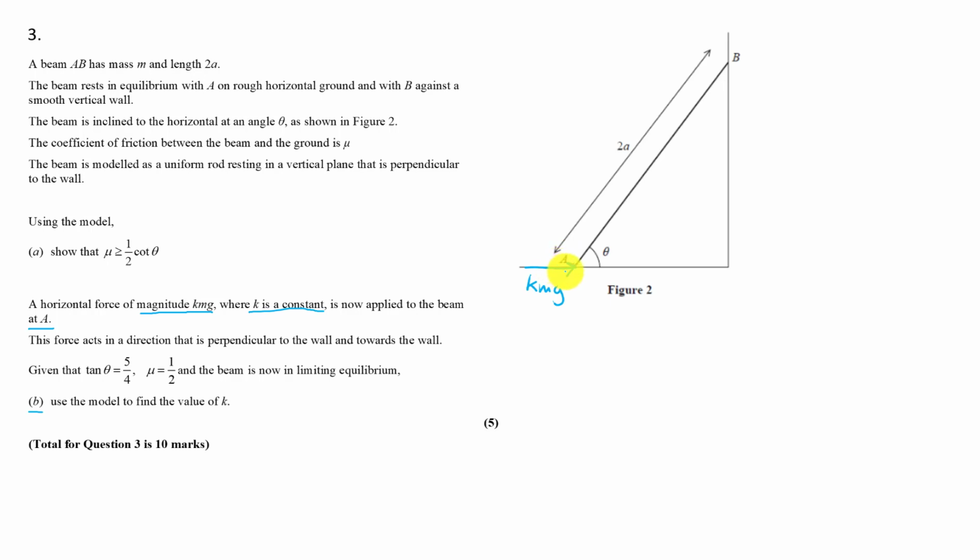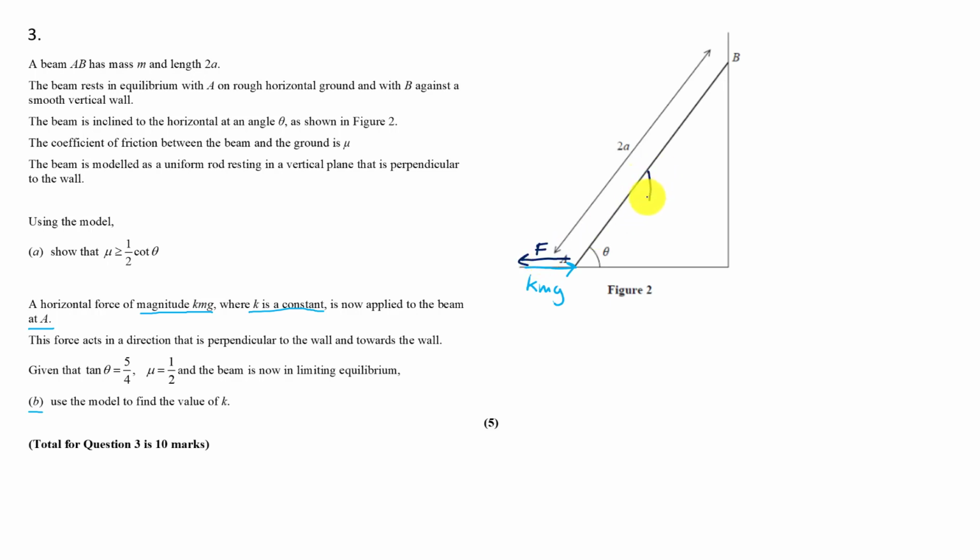So if this is acting that way, we're going to get friction changing direction. So friction is not going to act this way anymore, it's going to act that way. That's important.